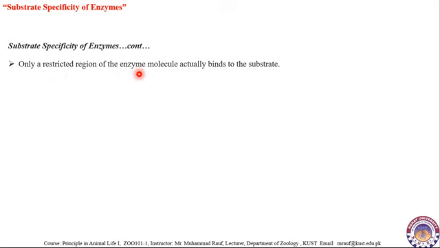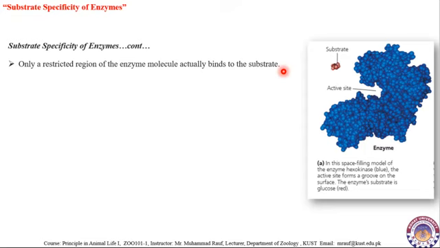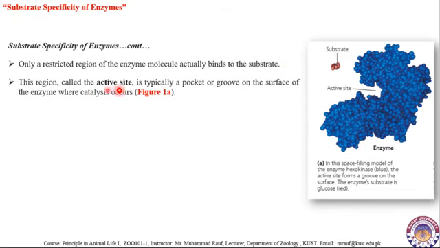Only a restricted region of the enzyme molecule actually binds with the substrate. So only a specific area of an enzyme is in contact with the substrate, and that area is called the active site, which is typically a pocket or groove on the surface of the enzyme where catalysis occurs. So this is the three-dimensional structure of an enzyme, a space-filling model where all the atoms forming this enzyme have been represented.